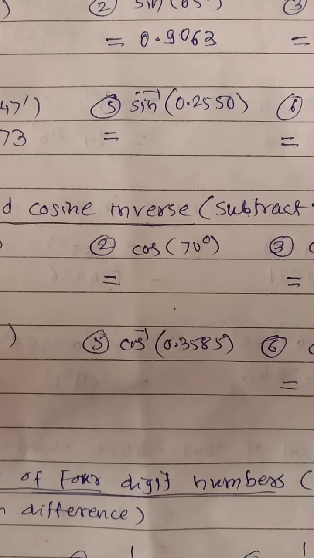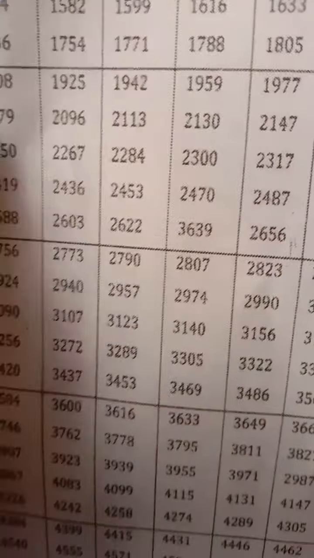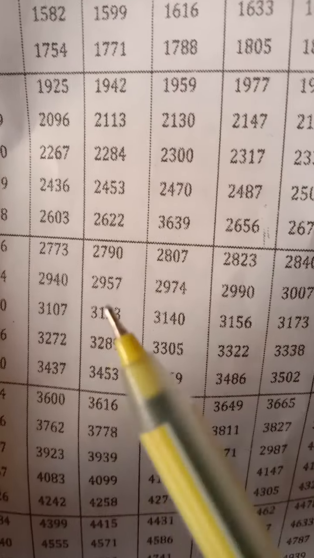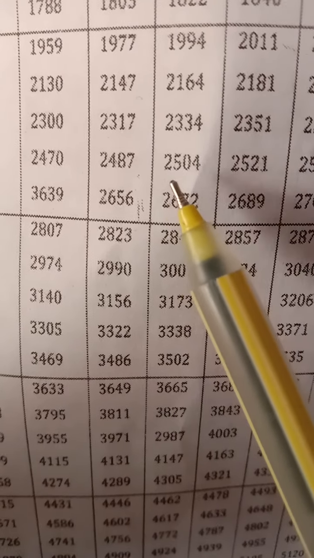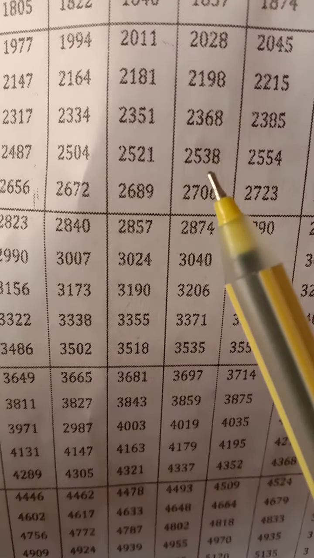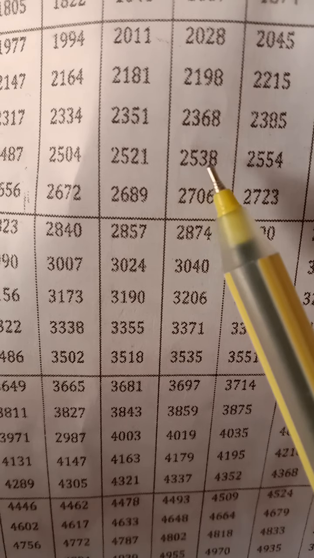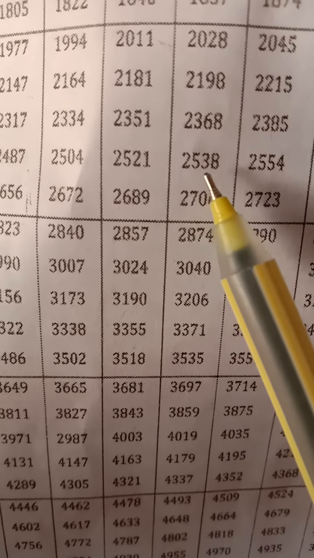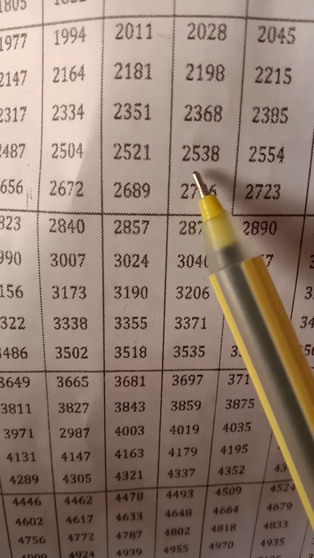First of all we will have to find where 0.2550 is. So here it is 0.2538, which is the nearest smaller value close to 0.2550.